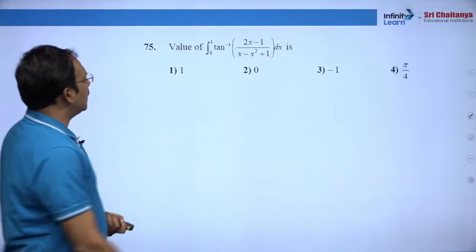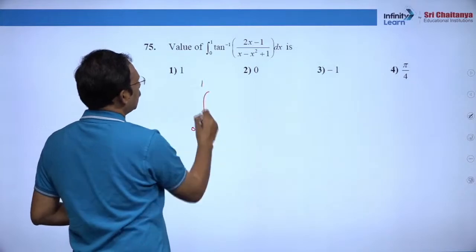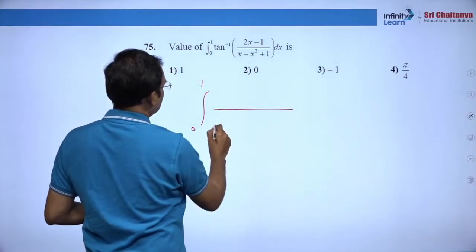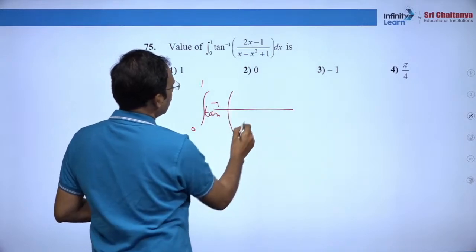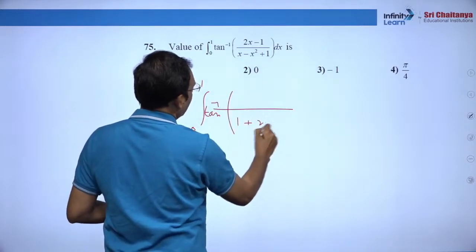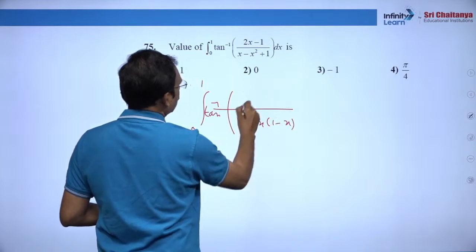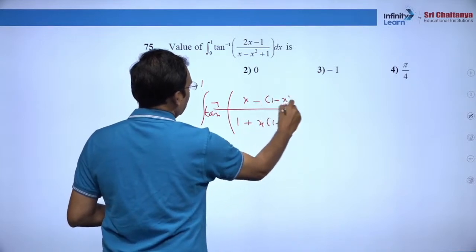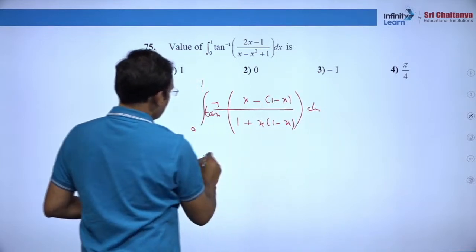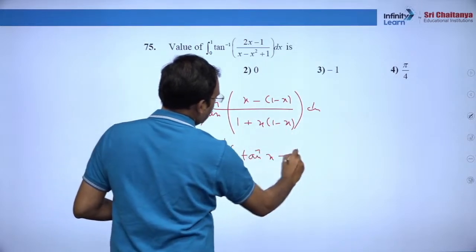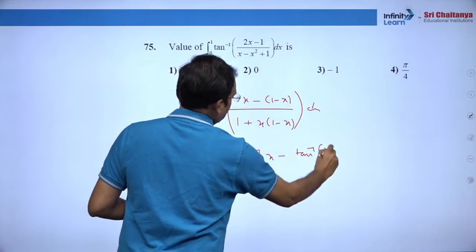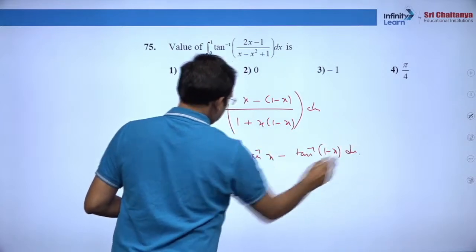Next, this integral, my dear friends, integral 0 to 1, you can write, of course, tan inverse of (1 plus x into 1 minus x)... you can say tan inverse of (x minus (1 minus x)) dx. So integral 0 to 1 of tan inverse x minus tan inverse (1 minus x) dx.